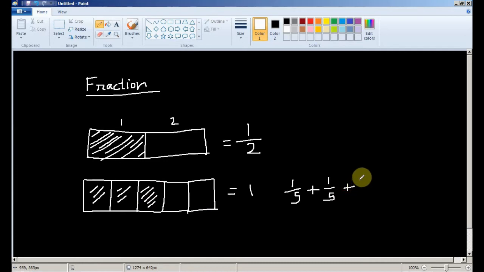So I keep adding 1 by 5. So this is also 1 by 5. So I got 5 parts, right?